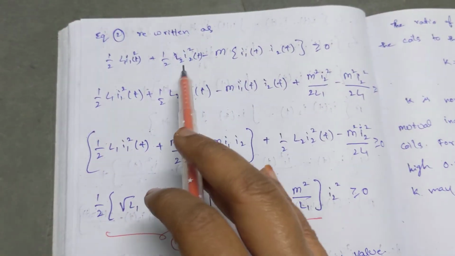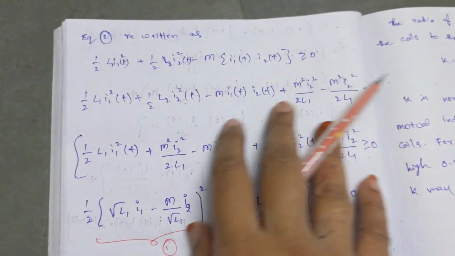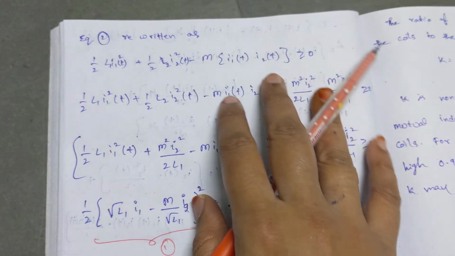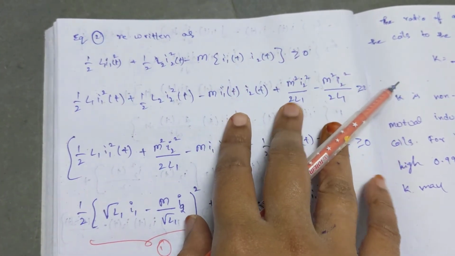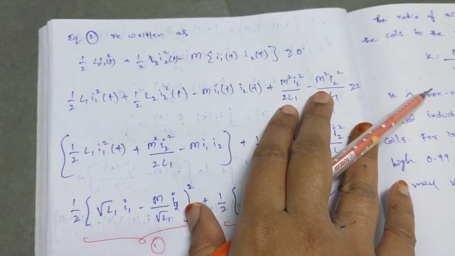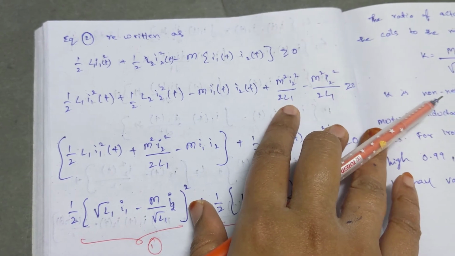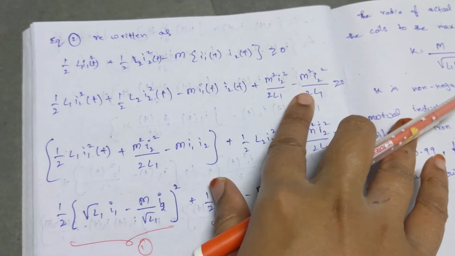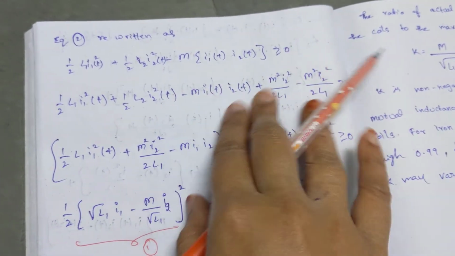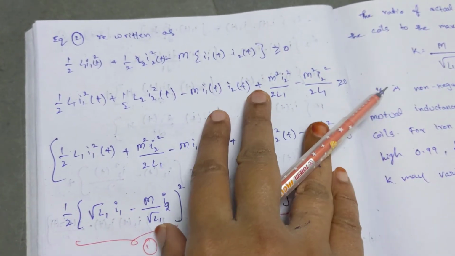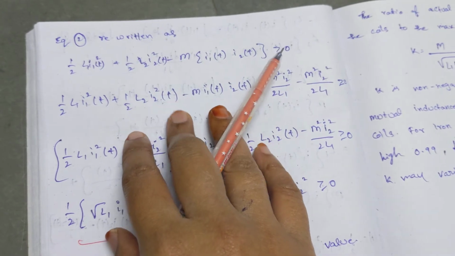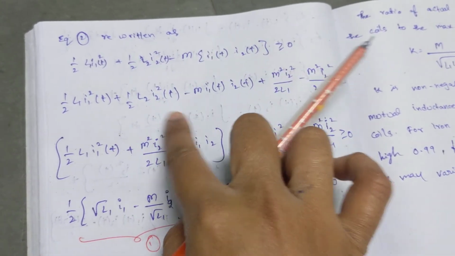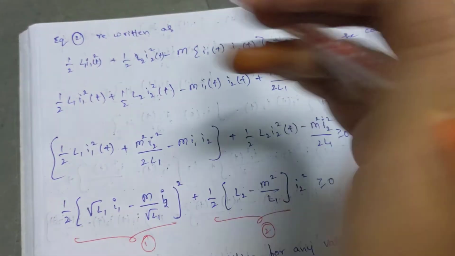I'm just writing the equation once again. Now I'm adding and subtracting a term M square I2 square divided by 2L1. If I add and subtract, there will not be any issue with the total term. I'm doing this for ease of conversion.